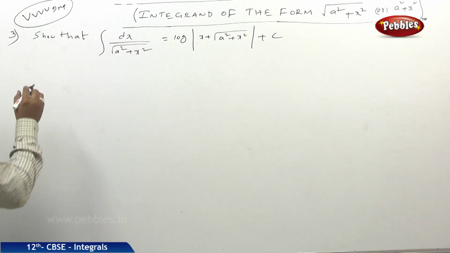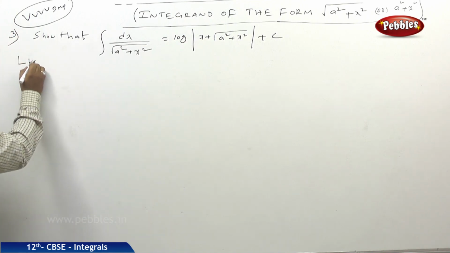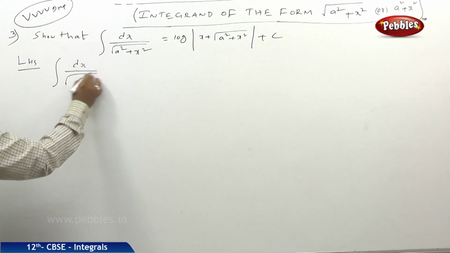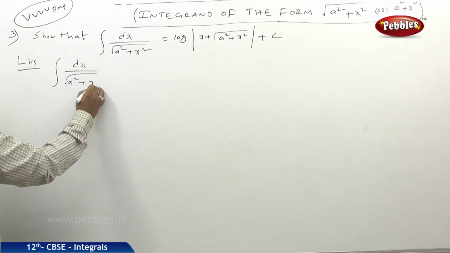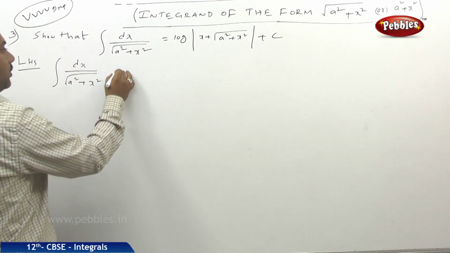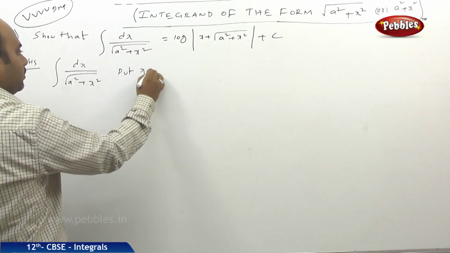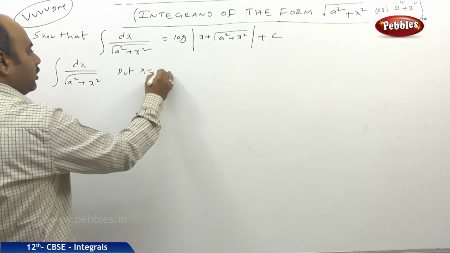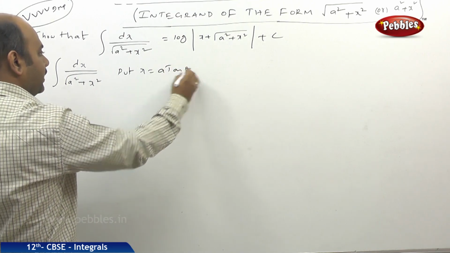So I'll consider the LHS, integral of dx by under root of a square plus x square. So what I'll be doing means, put x is equal to, whenever a square plus x square is given, we need to put x is equal to a tan theta.